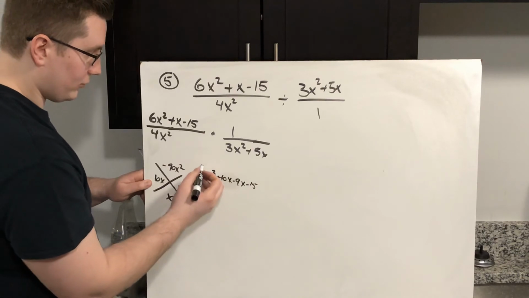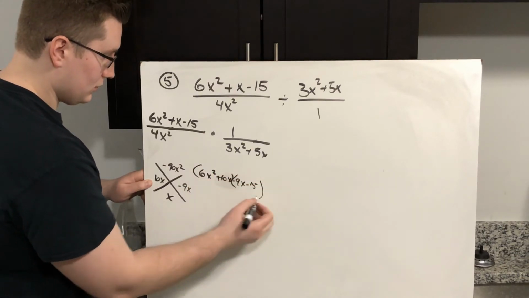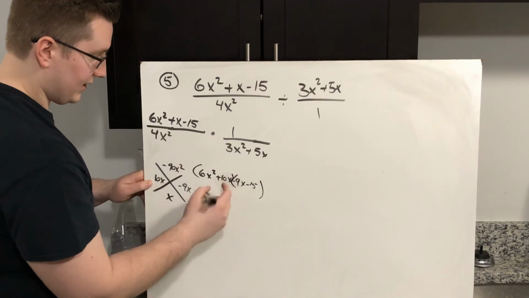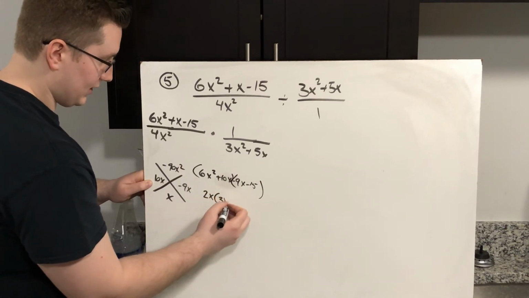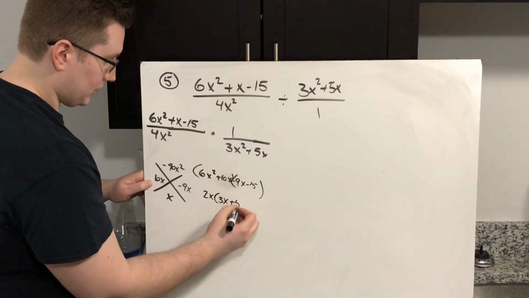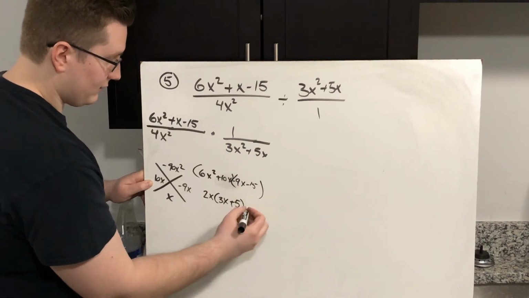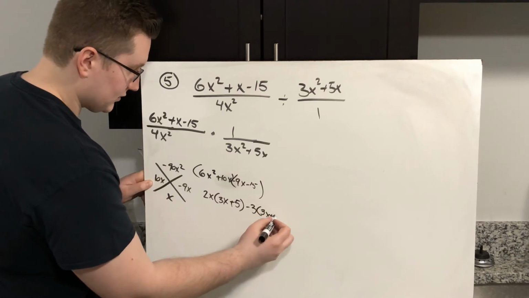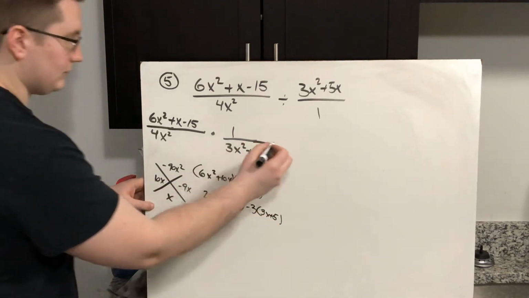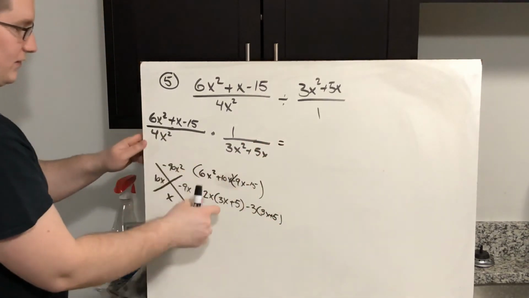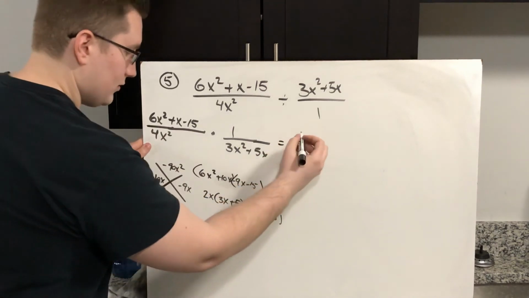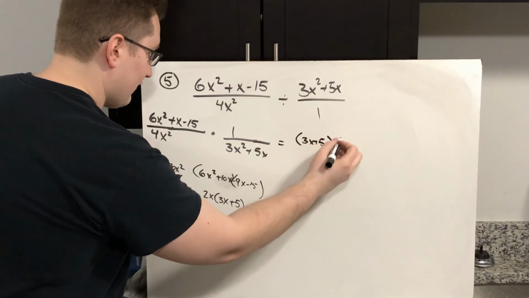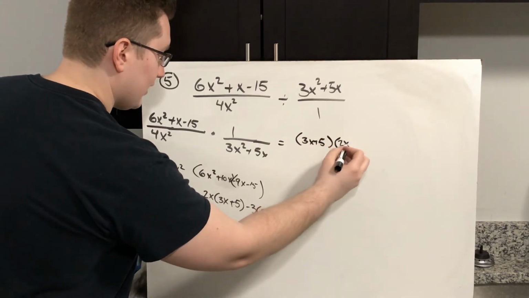Quick factor by grouping. I can take out a 2 here, 2 and an x, so 2x, I'm left with 3x plus 5. I can take out a negative 3, and I have 3x plus 5. So, complete. These are the same, 3x plus 5, and then the outside terms, 2x minus 3.